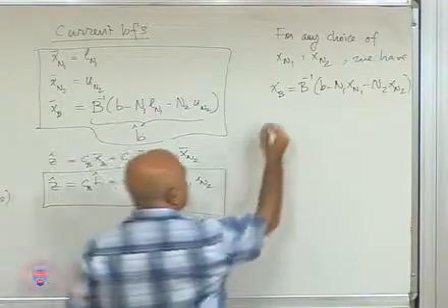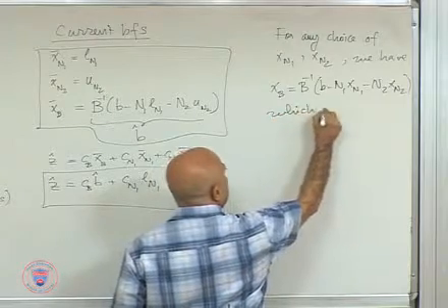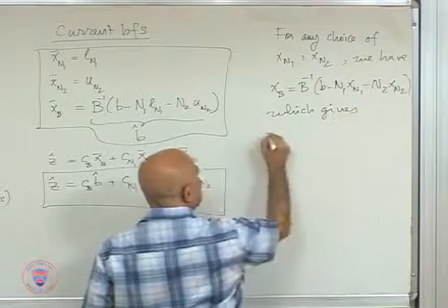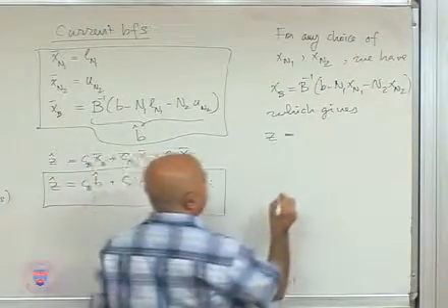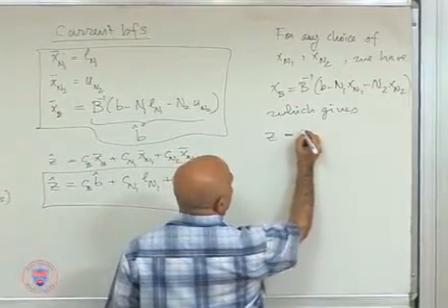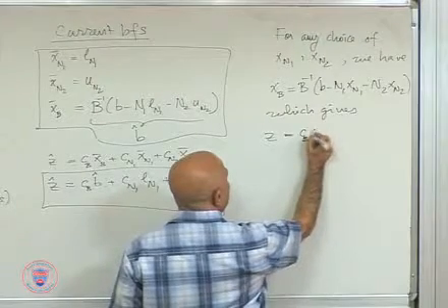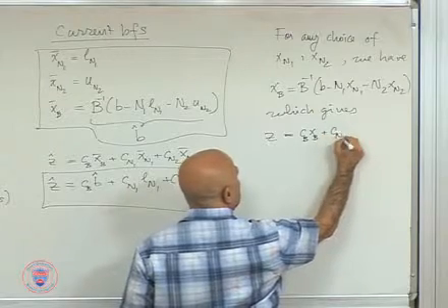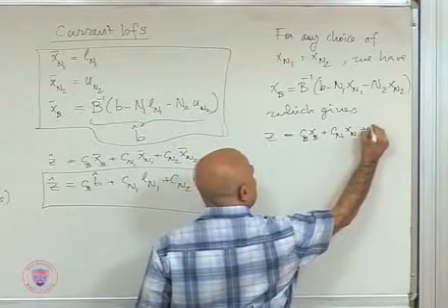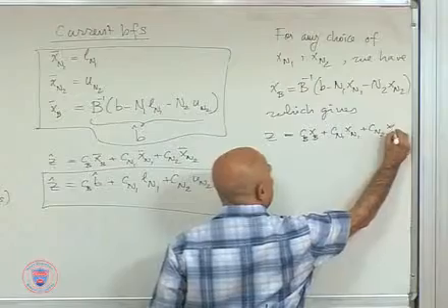And then, of course, that would give the following objective value as dependent on the choices of xN1 and xN2. What would that be? CB times xB plus CN1 xN1 plus CN2 xN2.